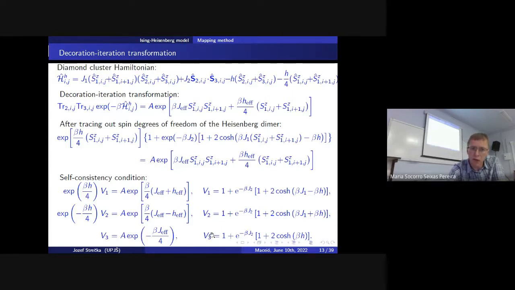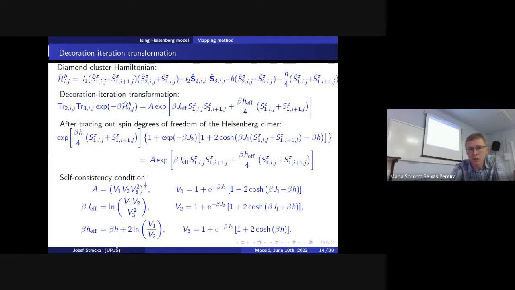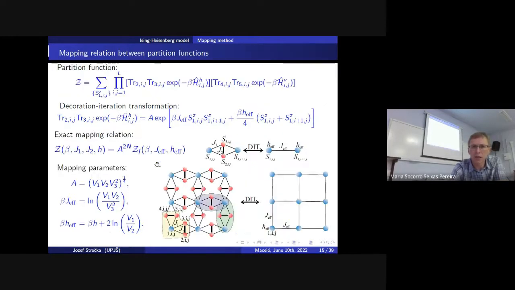And just by simply solving this set of 3 algebraic equations for 3 unknown parameters, multiplicative factor A, effective coupling JF, and effective field HF, we are getting this kind of solution for all 3 unknown mapping parameters. And now, this solution, this transformation, if we know already these mapping parameters, can be substituted back into the factorized form of the partition function.